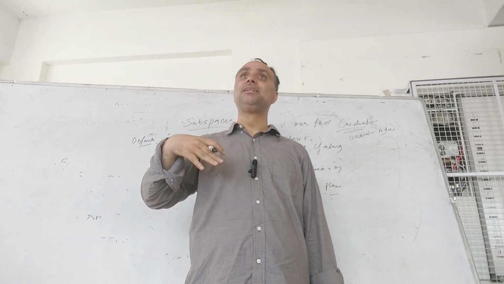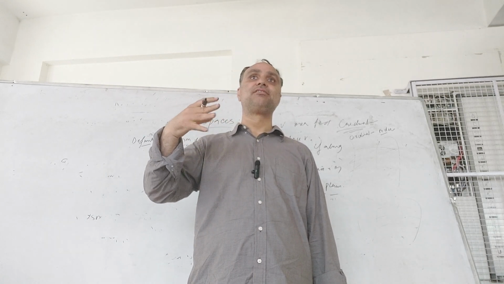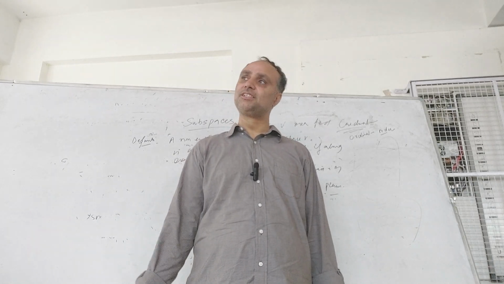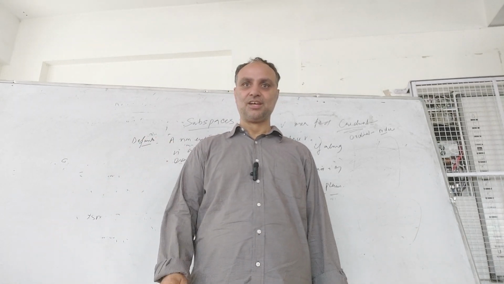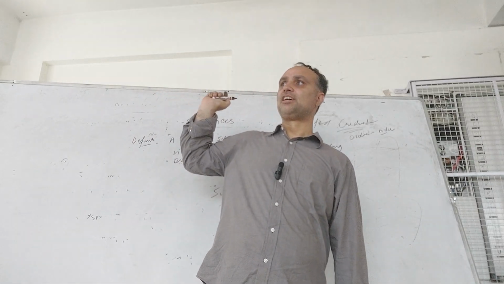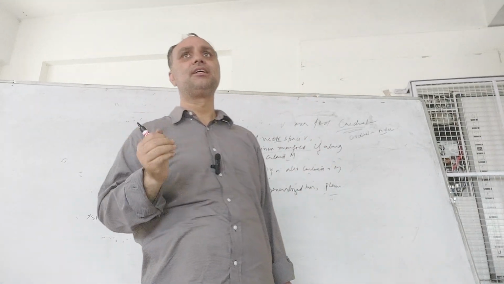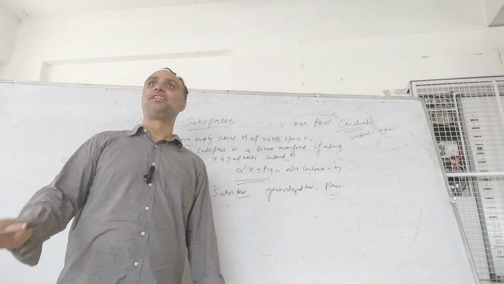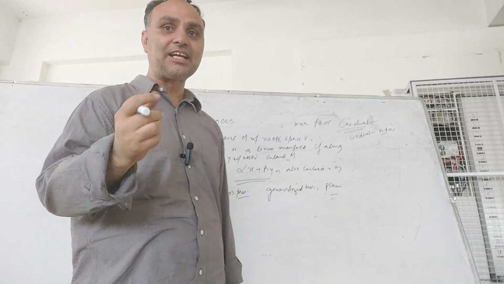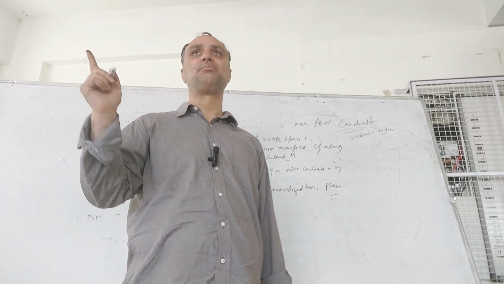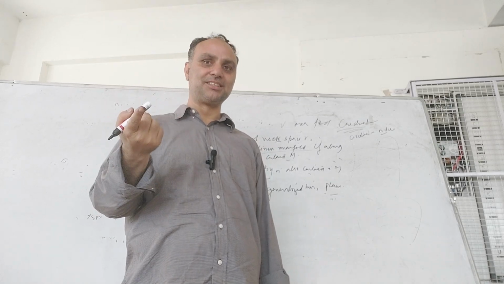So how can we identify a subspace? It's not a trivial problem. All spaces cannot be subspaces. We have to first define how we define a vector space, and it's also an exercise in itself to determine whether a given space can qualify as a subspace or not. So not all subsets are subspaces.